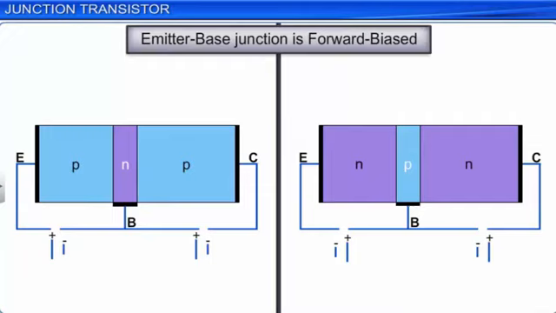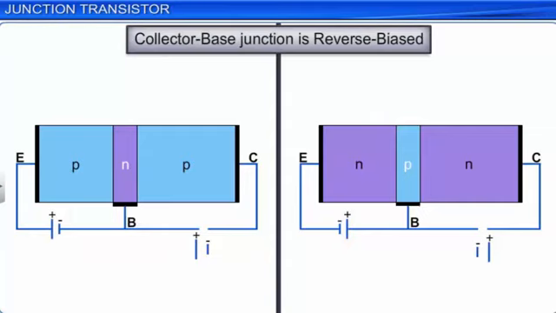The reasons for adopting such a biasing scheme for the two junctions will be discussed at the appropriate juncture in the course. A transistor with its emitter base junction forward biased and base collector junction reverse biased is said to be in an active state.